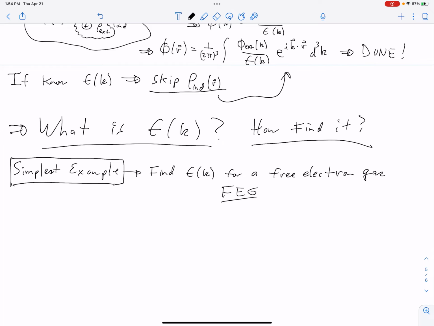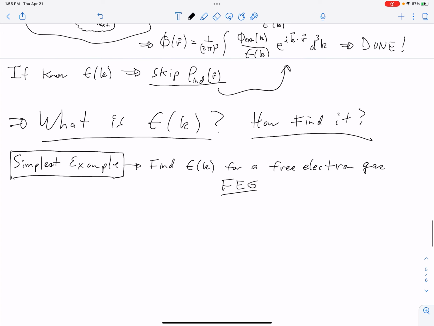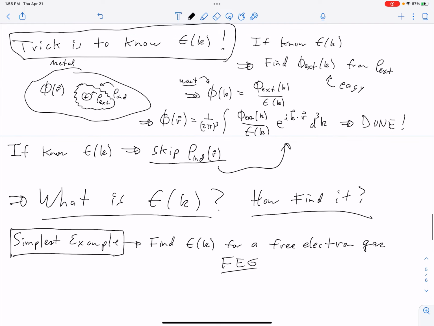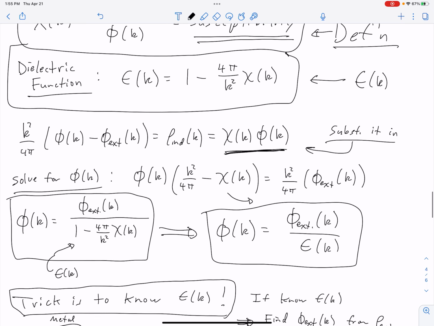And so we remember that, okay, so what is the dielectric? So what are we looking for? So let's rewrite it. Let's go back to the definition of the dielectric function.